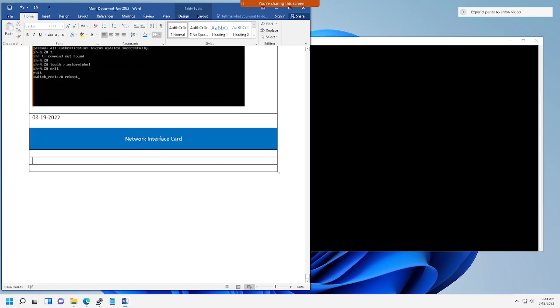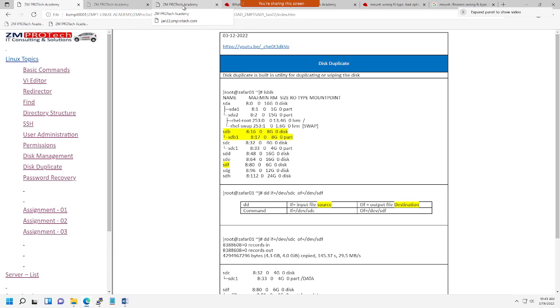Okay, so when I talk about the network interface card, you know, when you plug in the direct cable on the back of your computer, that's what is called network interface card. Okay, so let's take a look at the picture.